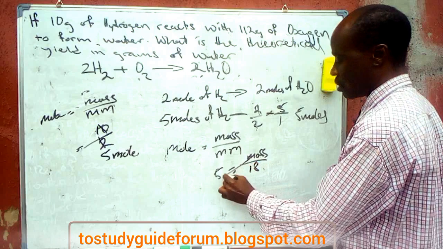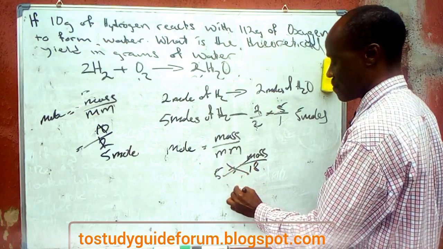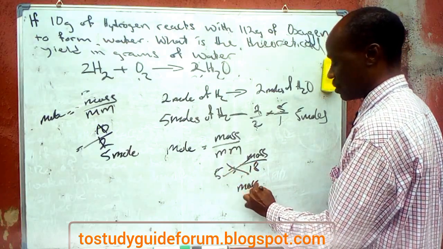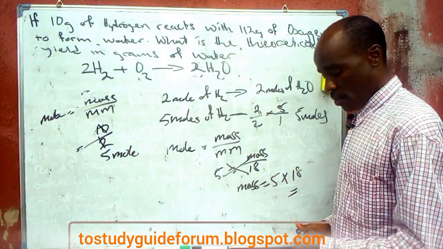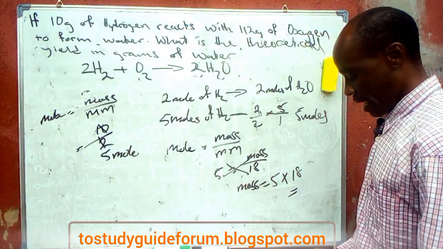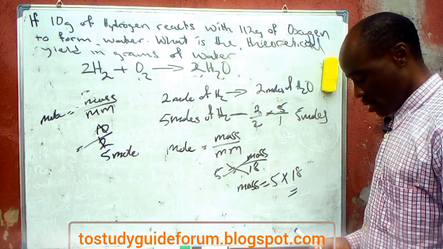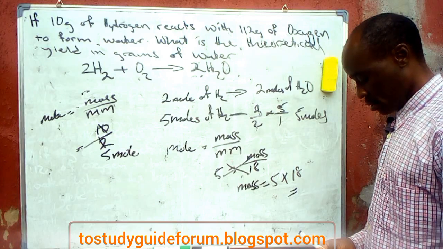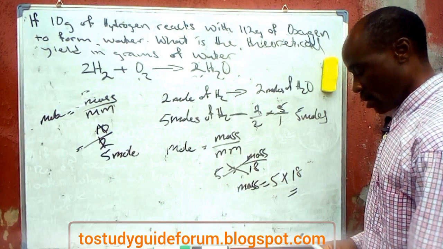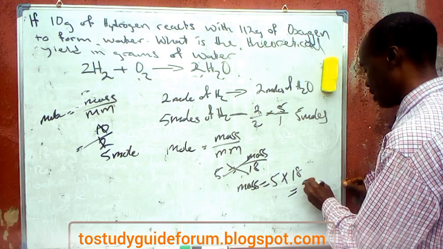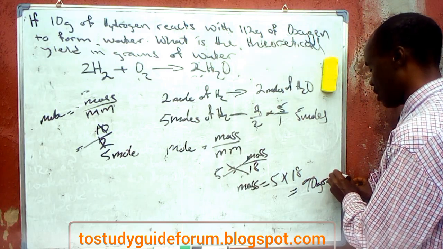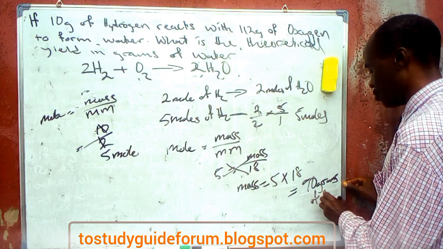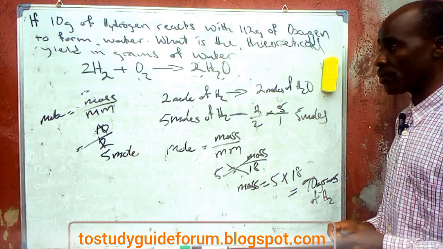So we multiply through, and our mass will be equal to 5 times 18. Let me check, 18 times 5. That will give us 90 grams of water.